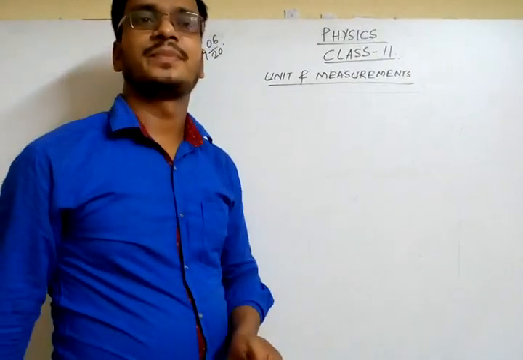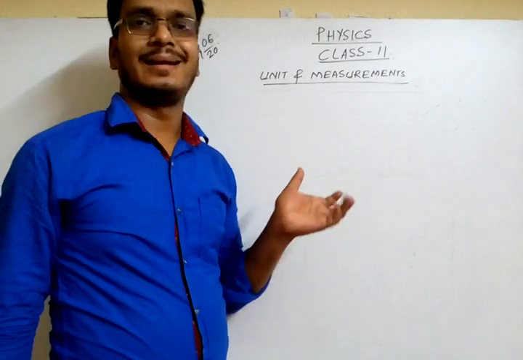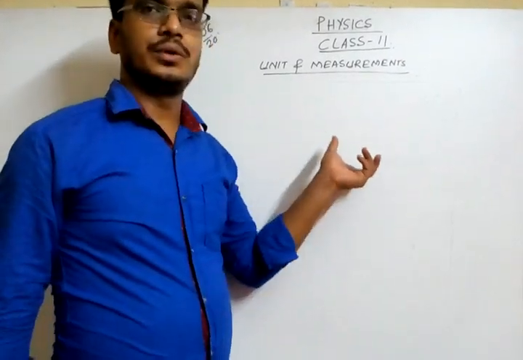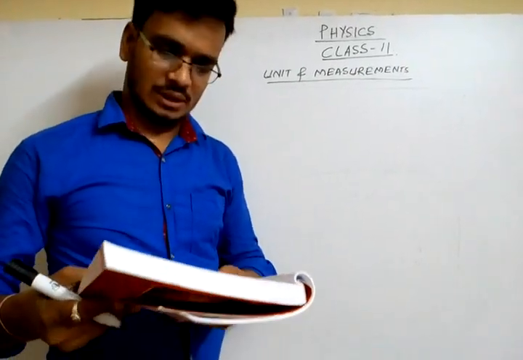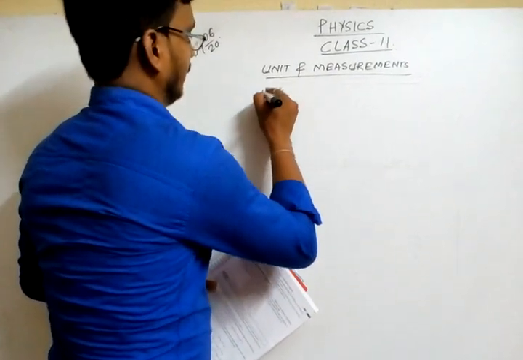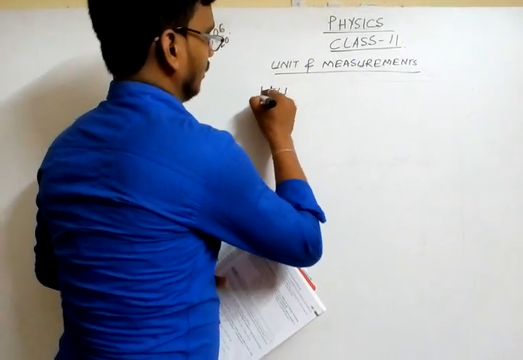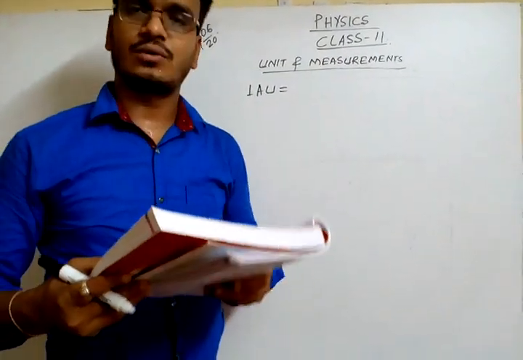My dear students, in the previous class we learned the fundamental units and their values in meters. Today we will also learn some other units, that is the astronomical unit, mentioned as AU. So what is the astronomical unit? It is the average distance from the Sun to the Earth.